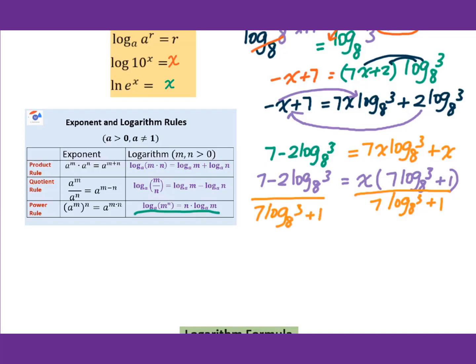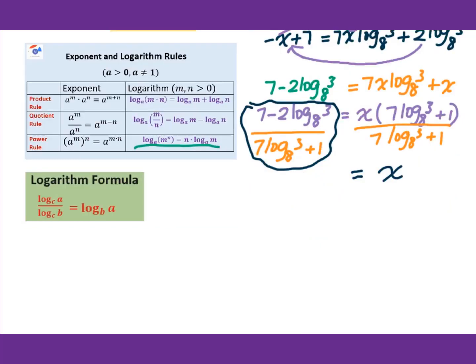You can directly put this into a calculator and get the answer, or you can condense first, then put into the calculator. I just want to show you how to condense this. So we got 7, that means log base 8 to the 7th power, minus log base 8 of 3 squared, over log base 8 of 3 to the 7th power.